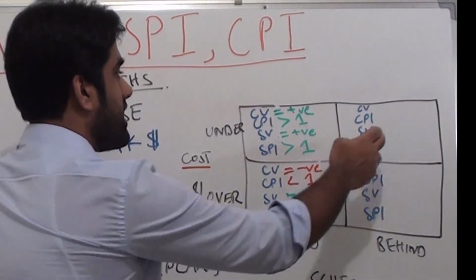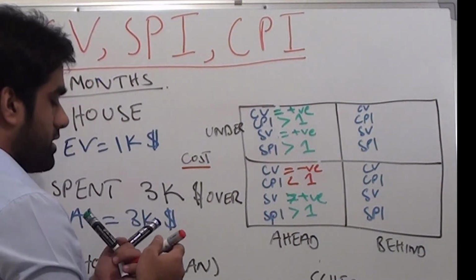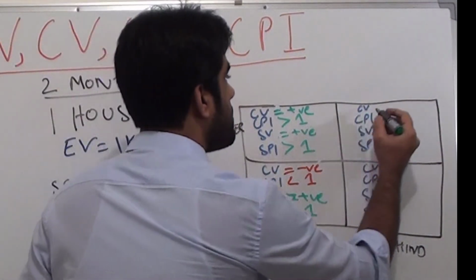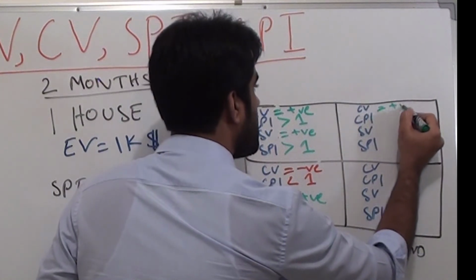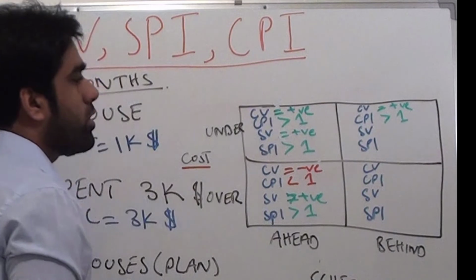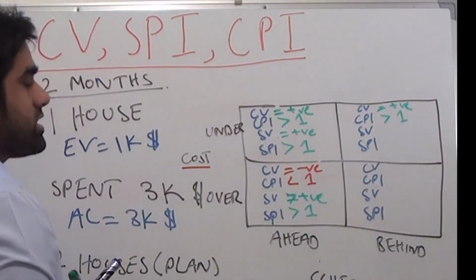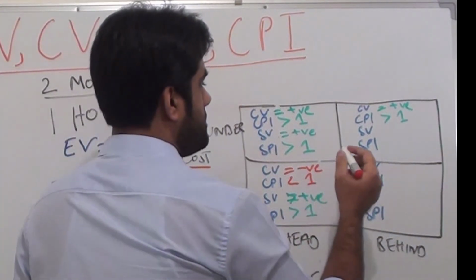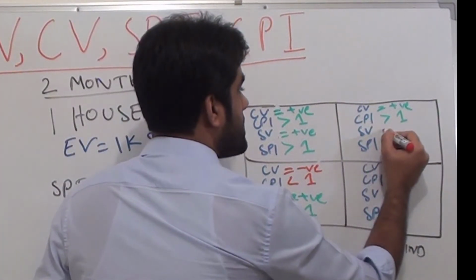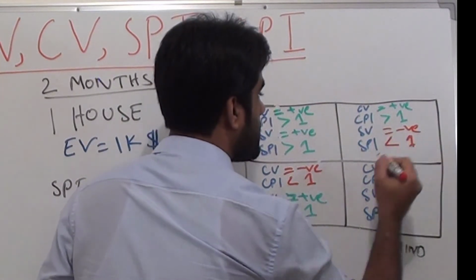In this case, again, this is under budget, so cost variance will be positive and CPI will be greater than 1. What about schedule variance here? This is behind schedule, so schedule variance will be negative and schedule performance index will be less than 1.